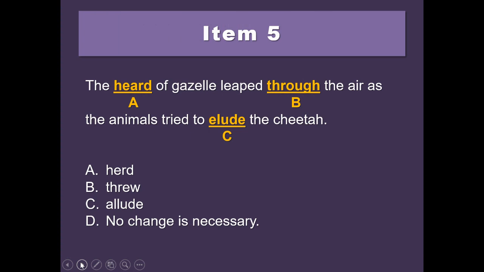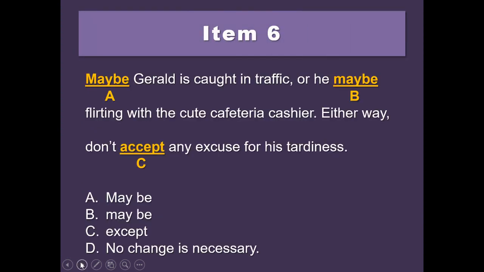Okay, number 5, the herd of gazelle leaped through the air as the animals tried to elude the cheetah. Pick A, B, C, or D. And it should be changed to herd, H-E-R-D, not like I overheard a conversation. All right, number 6. This one you'll probably need to look pretty heavily at those maybes. Sometimes they're combined and sometimes they're not. And here's the correct answer.